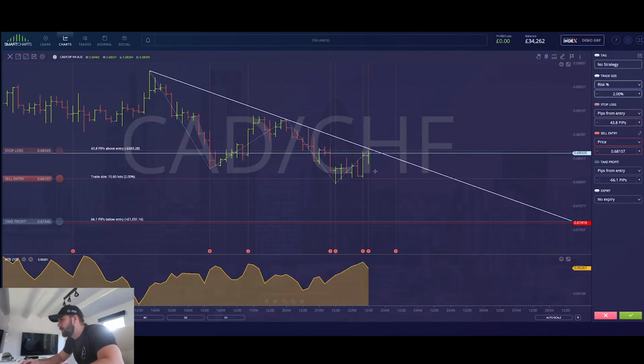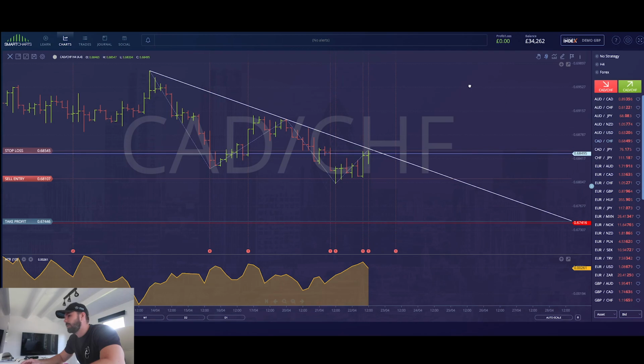Measure, price range, so our entry. 26 pips the price is moving, which is here. Obviously we're just above that, so we're nice and safe on our stop loss. Let's just delete that. And yeah, let's go click go on that trade.